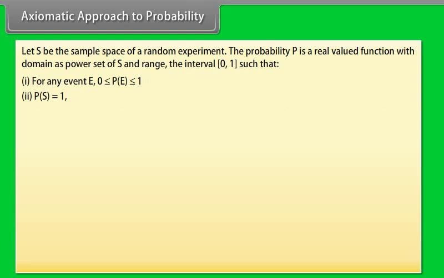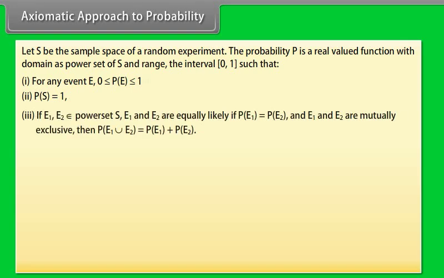And 3. If E1, E2 belong to power set of S, E1 and E2 are equally likely if P of E1 is equal to P of E2, and E1 and E2 are mutually exclusive, then P of E1 union E2 is equal to P of E1 plus P of E2, where P of E is called the probability of event E.